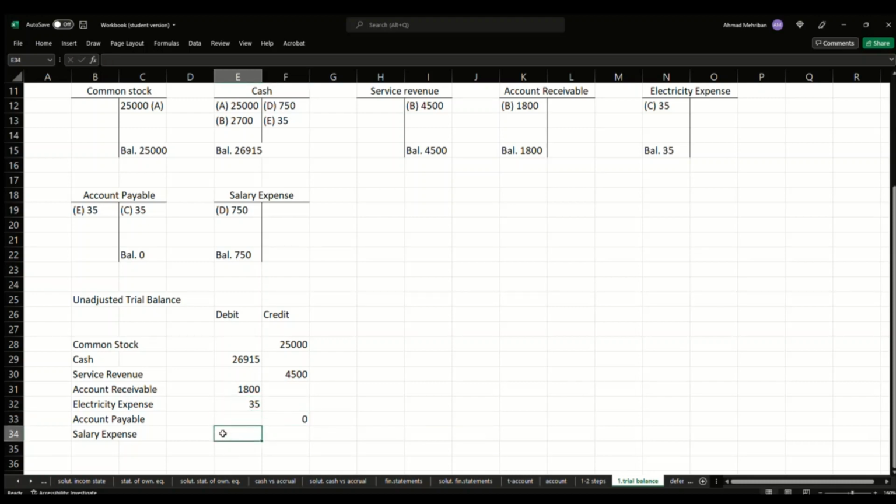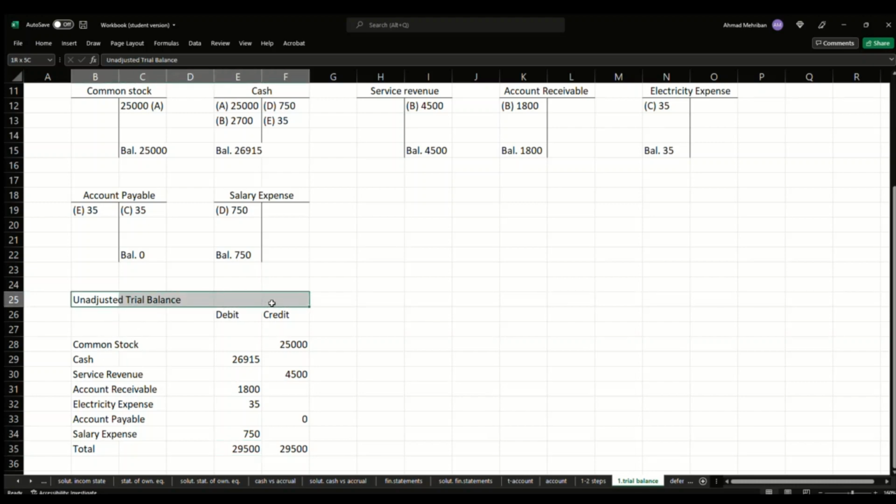And salary expense, usually you wouldn't just put it here because it's 0. Salary expense is 750, and that's it. Now I can just summarize the information on left side and the right side, and it will be exactly the same. So the total amount is here. That's it. This is how we build our unadjusted trial balance.